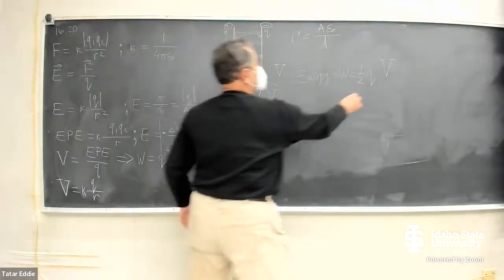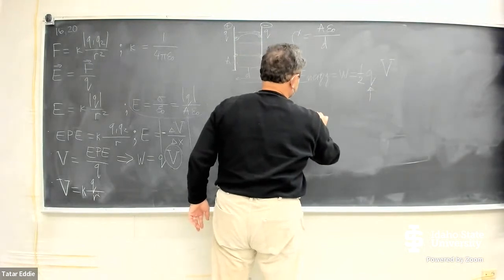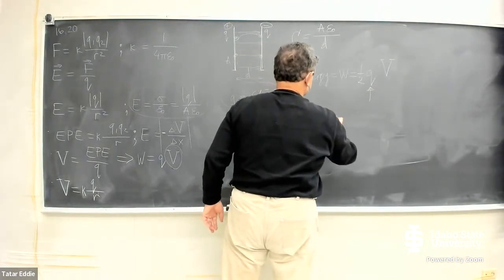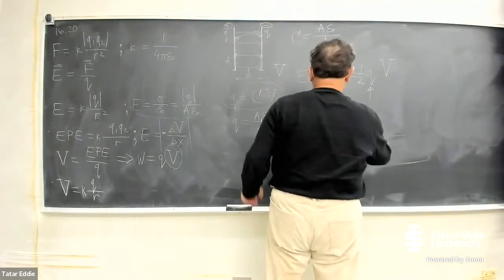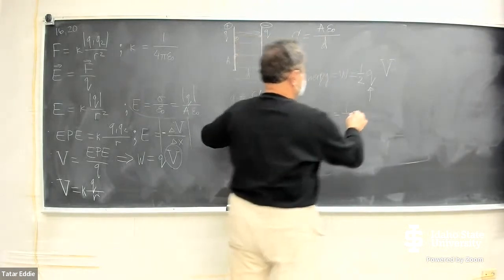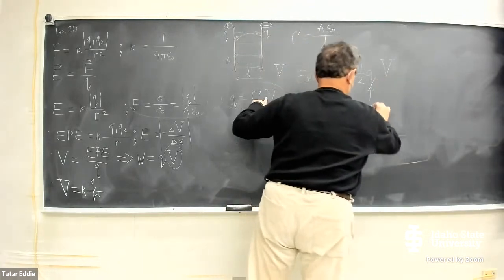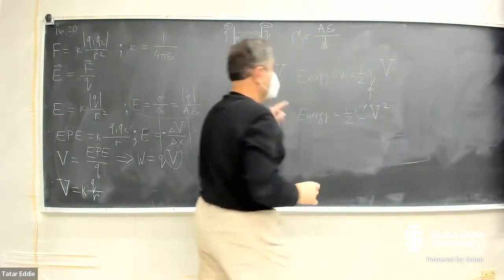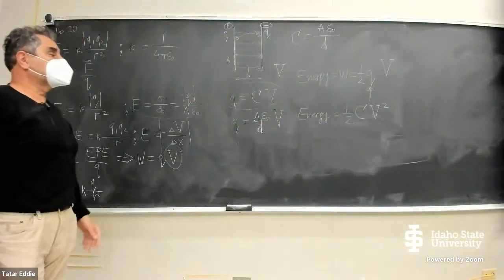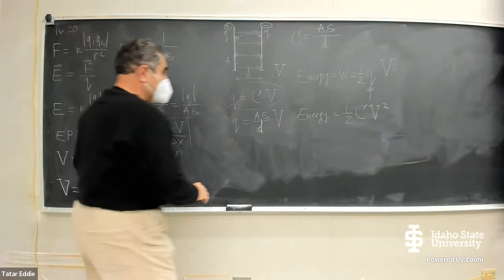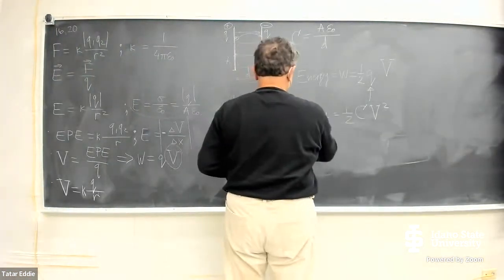So substitute Q with its equal. And you're going to get that the energy stored in the capacitor, which is also the work that you did to charge it, is going to be equal to 1/2. And instead of Q, I'm going to have capacitance. And instead of voltage, I have voltage squared. One voltage from here and another power from here gives you voltage squared. This is a more standard way to write the amount of energy stored in the capacitor.